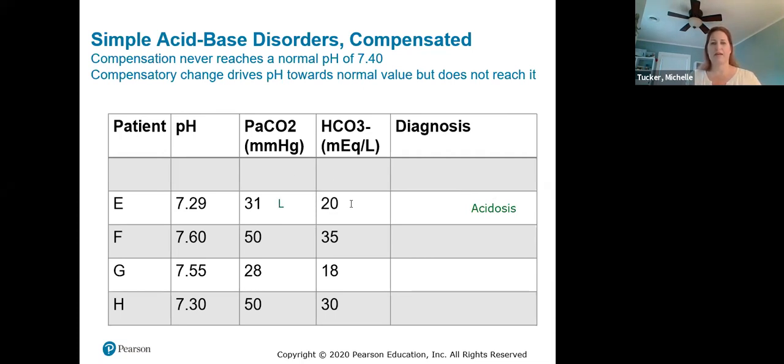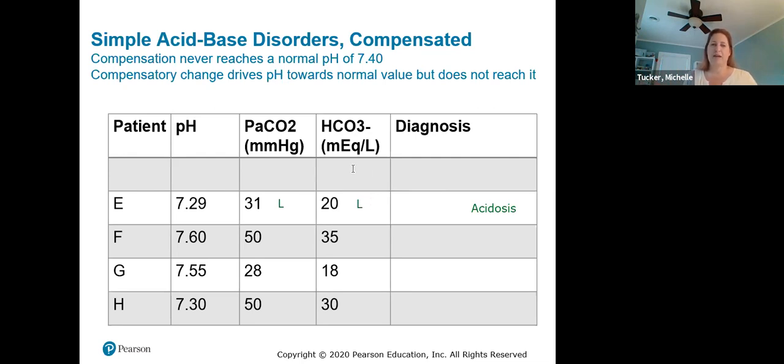Now, if you look at bicarbonate, is it high, low, or normal? It's also low. Very good. Okay. So in a compensated disorder, you'll get both values out of range. So it's not as straightforward as before. You go, which one's off? Like, okay, whichever one was off was the reason why pH was off.